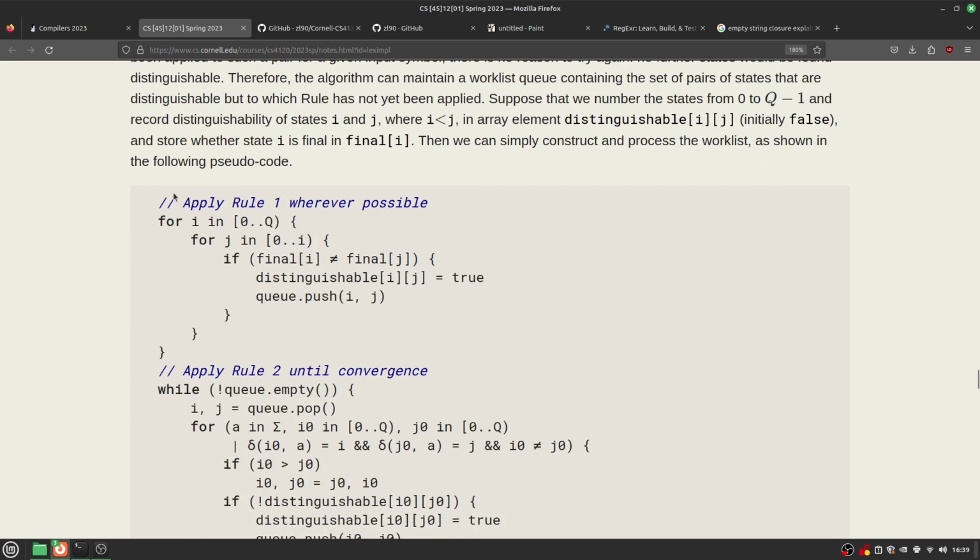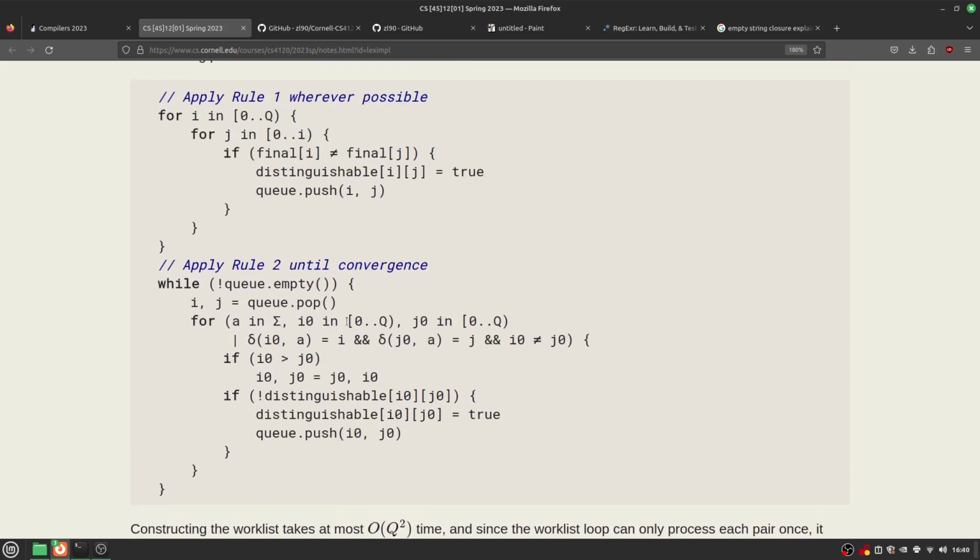Apply rule 1 for i in the states 0 to q, for j from 0 to i: if i is not in final or j is not in final, then they're distinguishable. Push that to the queue.